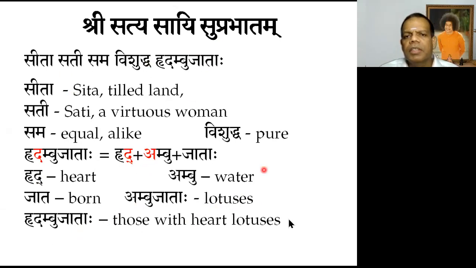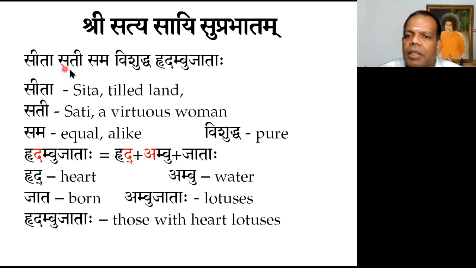So if we look at this verse, we can come back later. There are a few things which are mentioned here. One is Sita, Sati, Sama, Vishuddha. Two of these great examples have been taken as examples of purity.